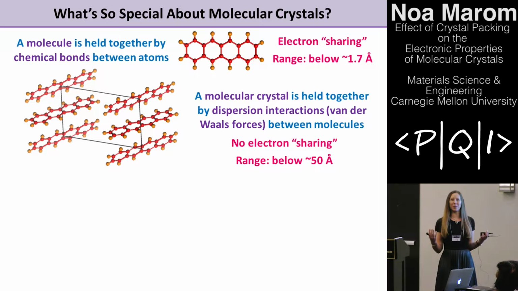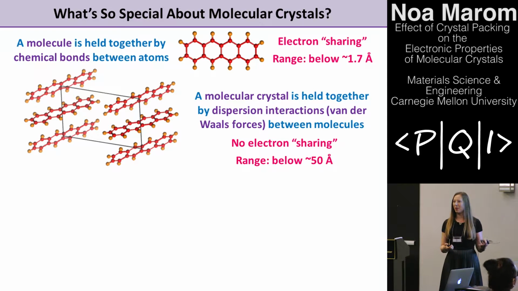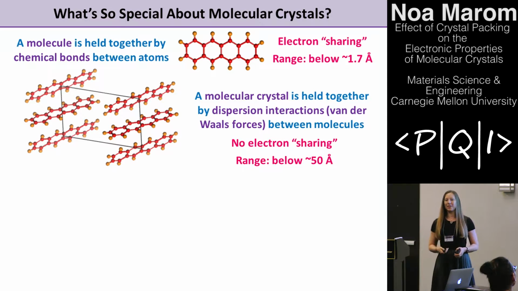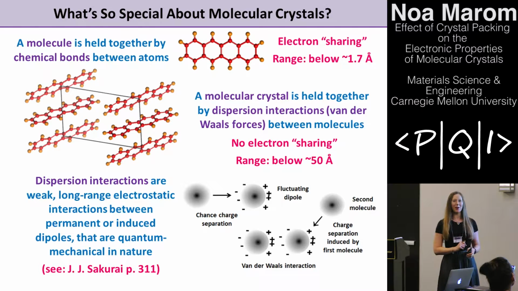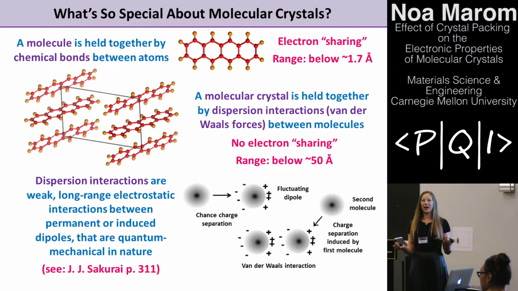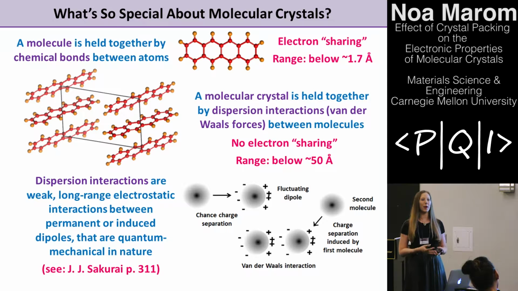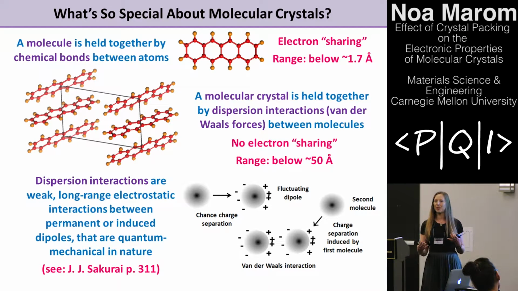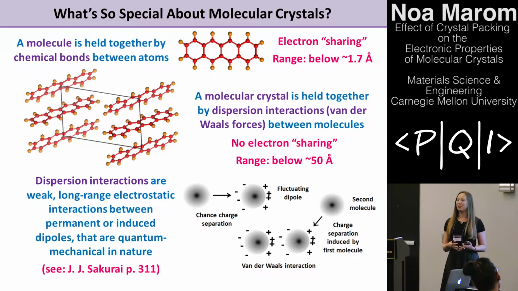Well, what's holding them together then? It's van der Waals, also known as dispersion interactions between these molecules. And dispersion interactions arise from quantum mechanical fluctuations of the electron density that produce instantaneous dipoles and higher order multipoles. And then the electrostatic interaction between these dipoles produces a weak but long-ranged attractive force. And these are the van der Waals interactions.